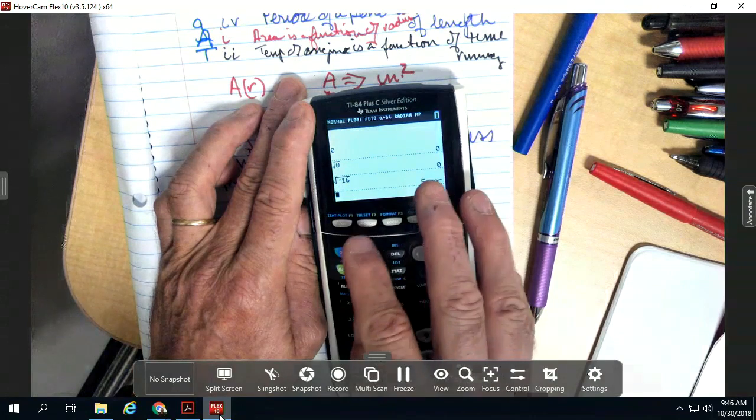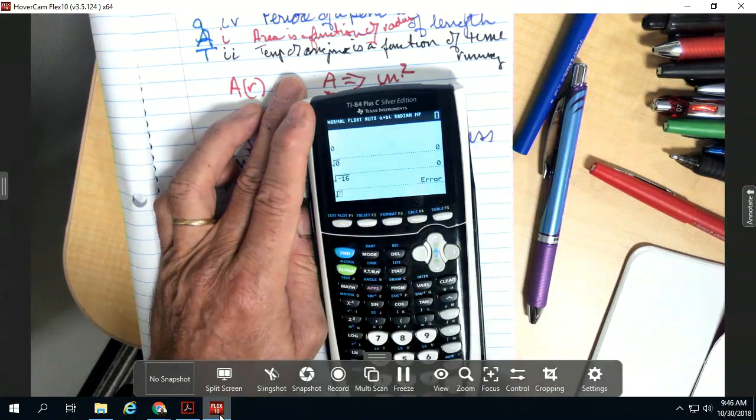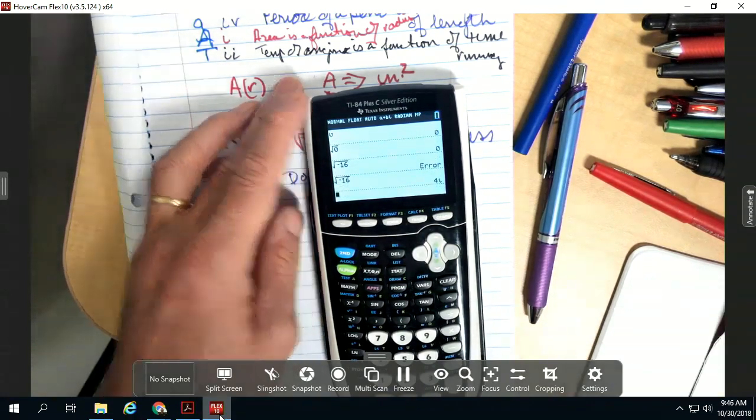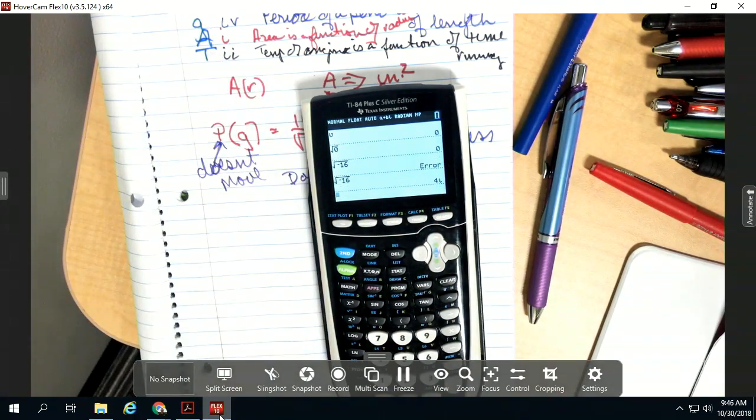Now when I do second function square root of negative 16, it says my answer is 4 imaginary. Okay? So the square root of negative 49, anybody know? 7 imaginary. Or the square root of negative 64? 8 imaginary. Everybody got it? We don't do any of that in this class.